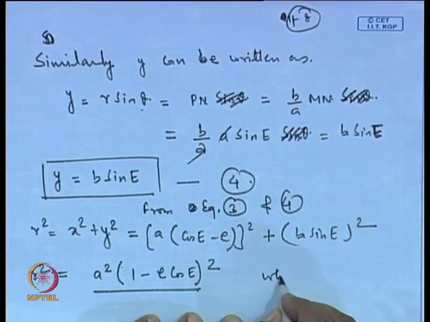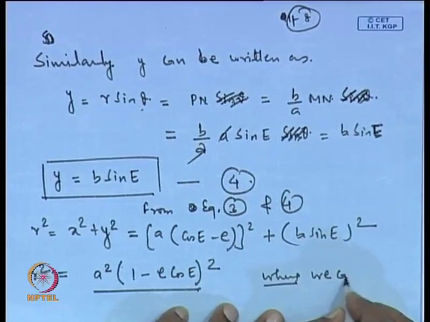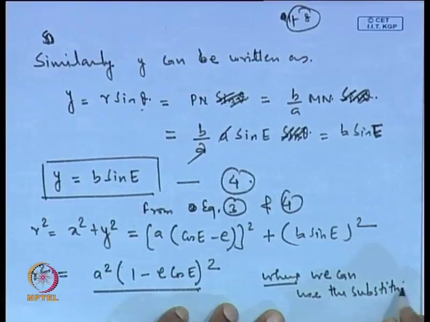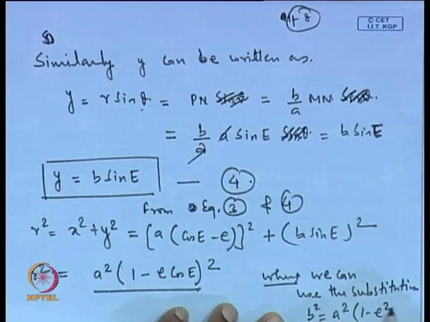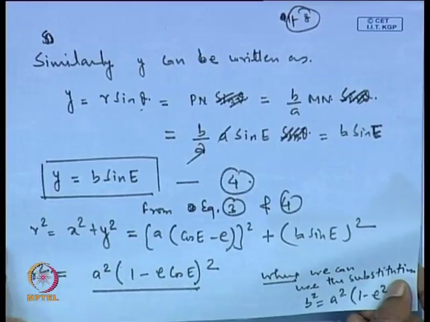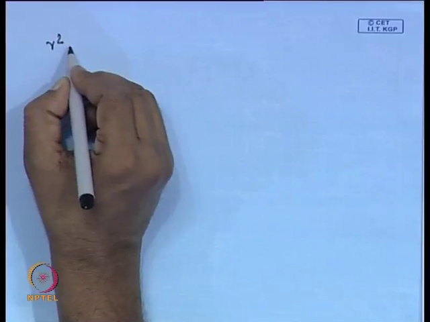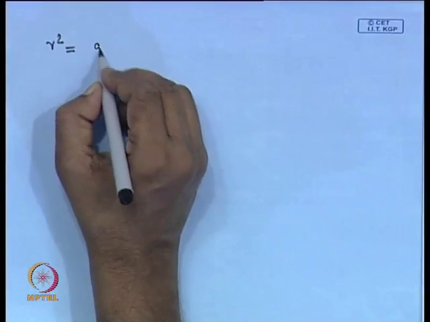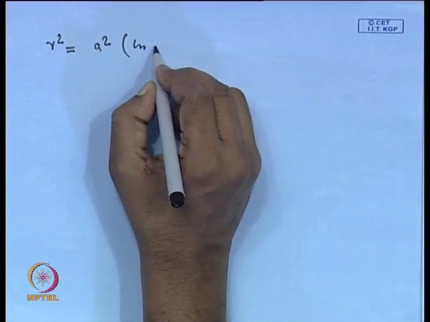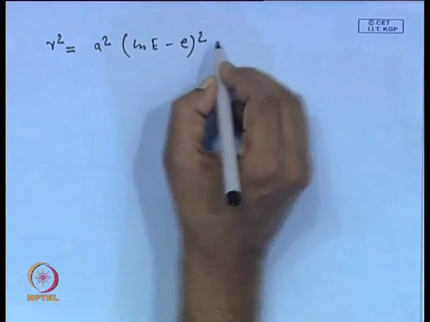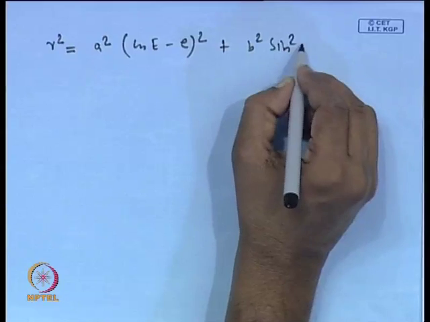Where we can use this substitution, b square is equal to a square times 1 minus e square. Okay. So, from here we can write r square, let us expand it and write it. So, a square times cos e minus e whole square plus b square sin square e.